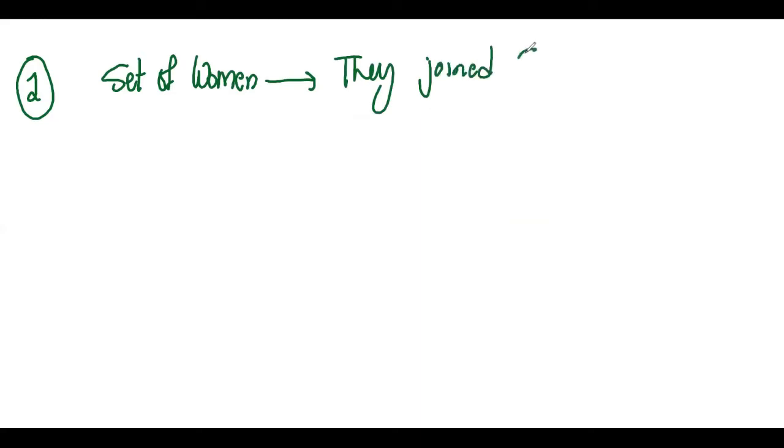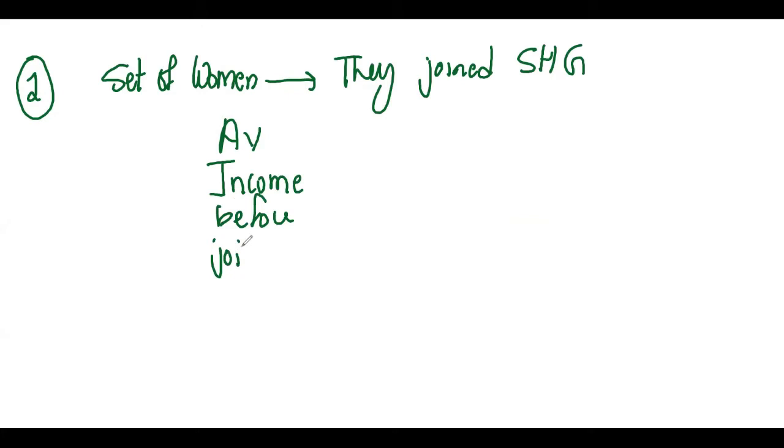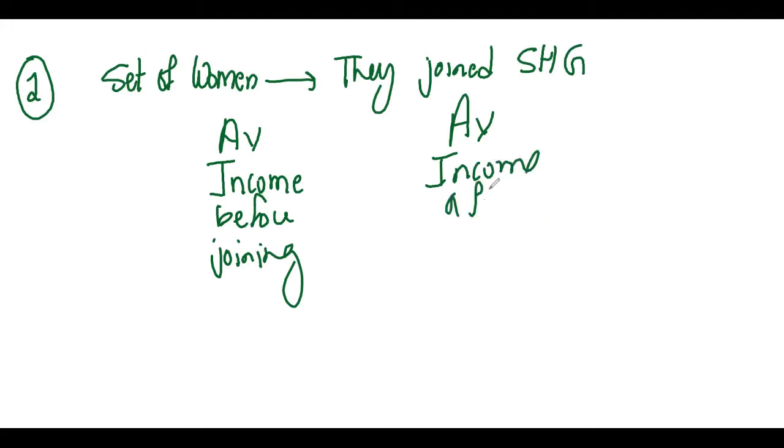So in example number 1, you take a set of women who joined a self-help group, and you want to know their average income before joining the self-help group and their average income after joining the self-help group.